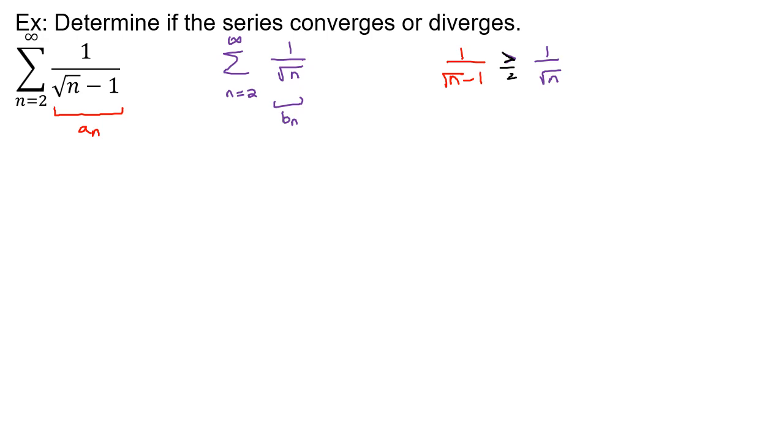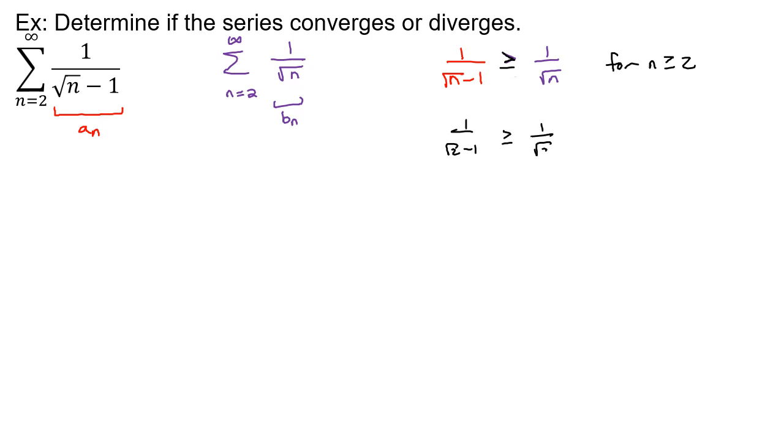Oh, I don't know why I put the 2 there. Well, it's that as long as you have n greater than or equal to 2. You can also check it by plugging in numbers, but you do have to start with the number 2. So this would be 1 over square root of 2 minus 1.